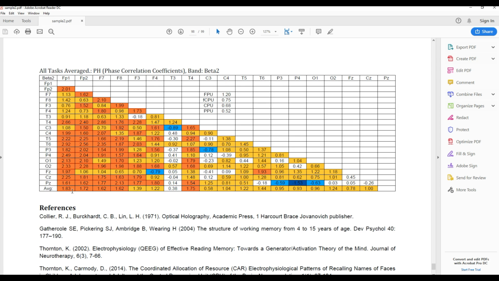In this particular situation, you can see the numbers are quite adequate across many of the connection patterns, except for T3, which appears to be the weakest.